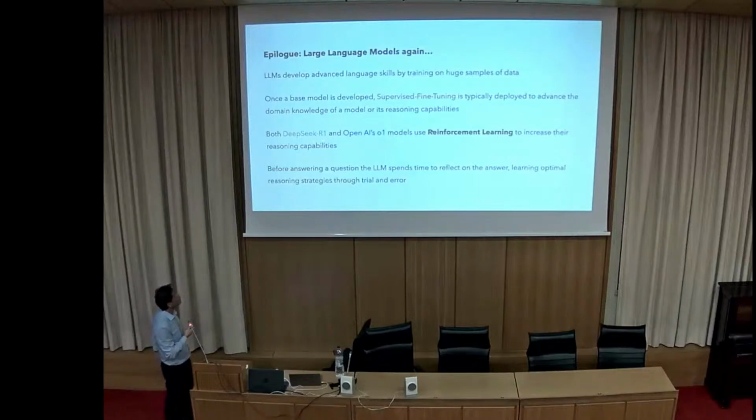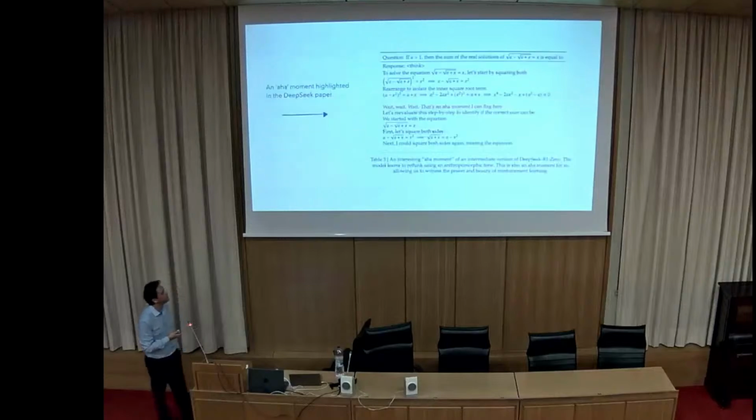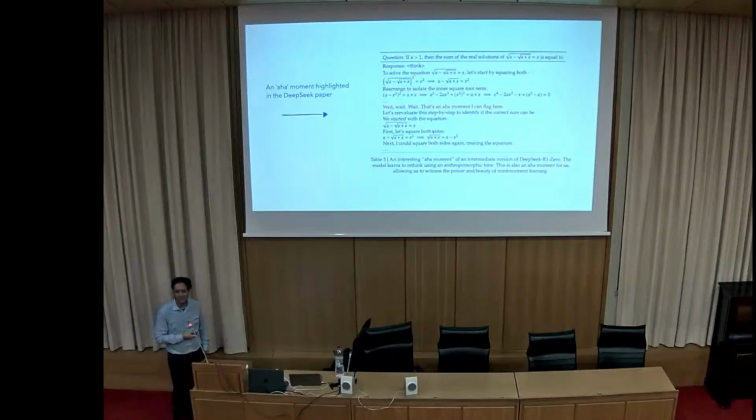So both the DeepSeek R1 and OpenAI o1 models use reinforcement learning to increase their reasoning capabilities. Before answering a question, the LLM spends time to reflect on the answer, learning optimal reasoning strategies through trial and error. And they have this moment in the DeepSeek paper, which they say is an aha moment for the model during training. It's also an aha moment for them. What it does here is not very important.